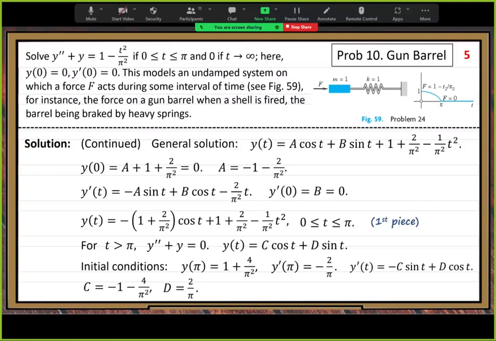So the final solution: this is the second piece, for the interval t greater than pi. You should combine these two pieces. We call it a piecewise function, two pieces, a piecewise continuous function.